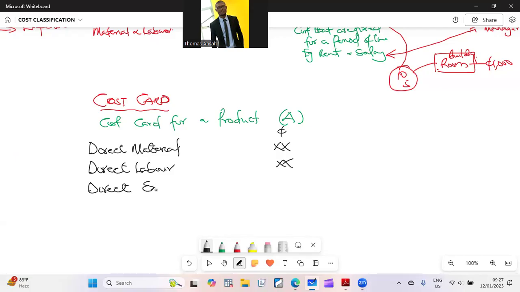All right. A typical example of direct expenses is when wages is standing on its own. Wages is a direct cost, not salaries, wages. All right. The difference between a wage and a salary is that wage is daily or weekly, salary is monthly.